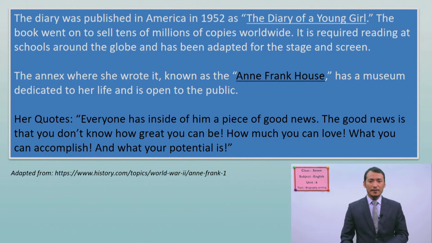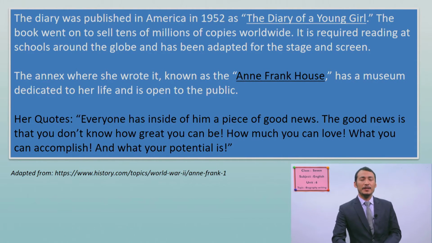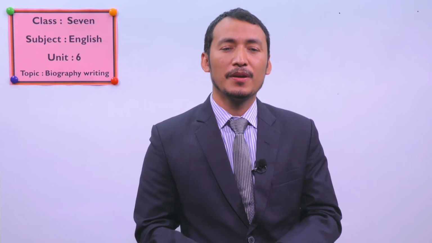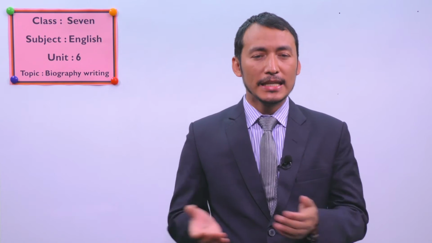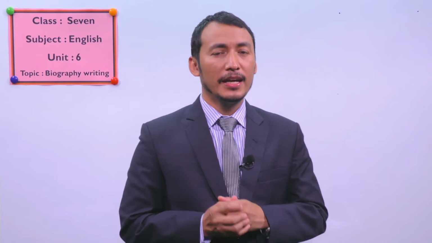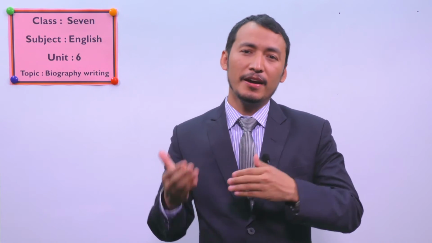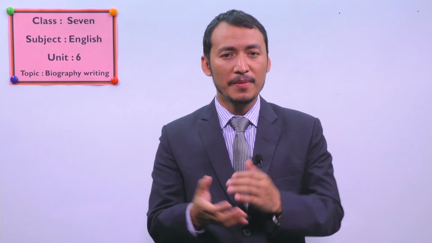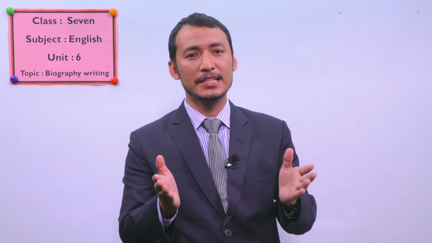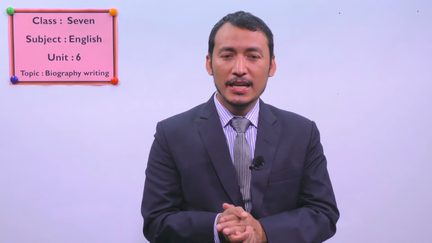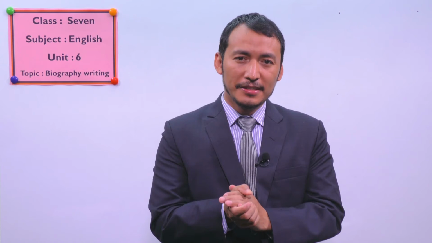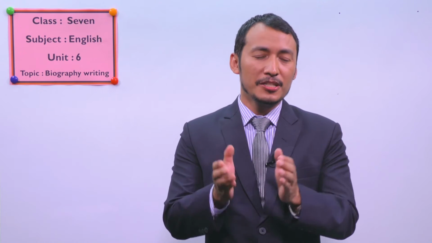Okay, now let's move to the next exercise from our book. Here we have information about autobiography. What is the difference between biography and autobiography? We were talking about biography. Now there is an autobiography. Do you know about it? Yes, they are almost similar.